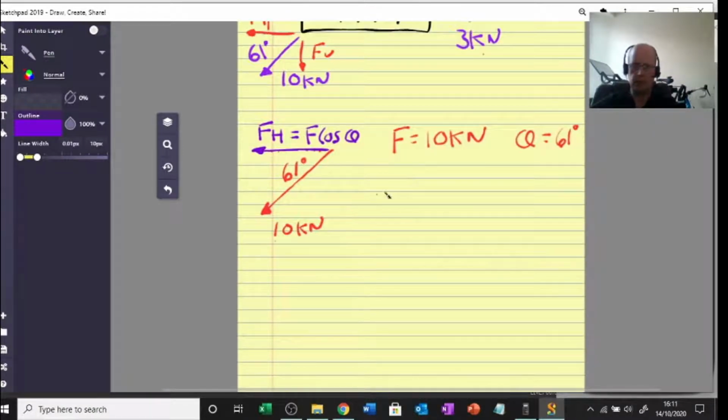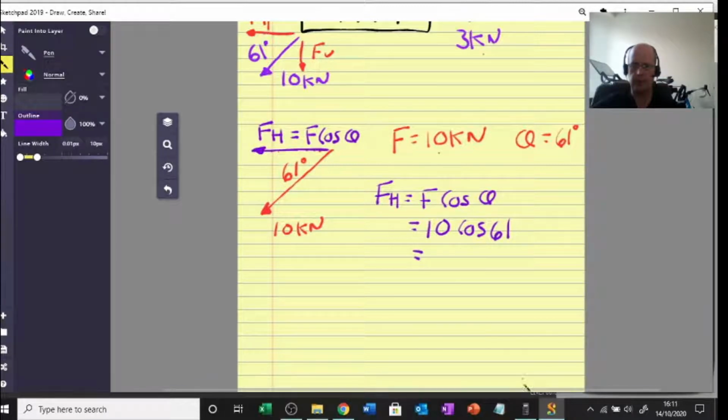Which means I'll do it down here. So I'm going to put the numbers in. FH equals F cos theta. Well, we know that F is 10. I'll leave the K out for now, I'll put it in at the end. Cos is cos, and the angle is 61.